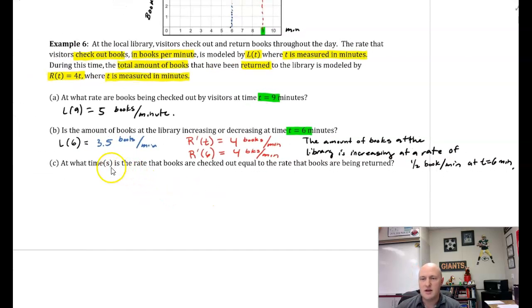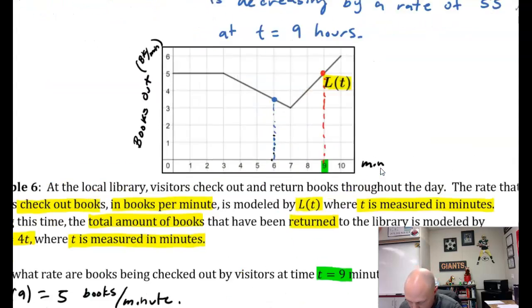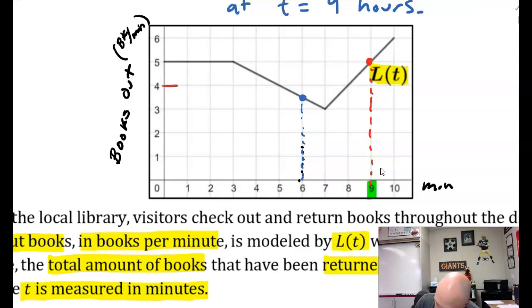C, at what time is the rate that books are checked out equal to the rate that books are being returned? Well, the return rate, R prime of t, is equal to 4. So I want to know when the books being checked out equal the amount being returned. Just looking at our graph, I want the rate to be 4.